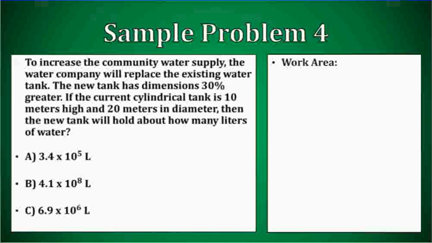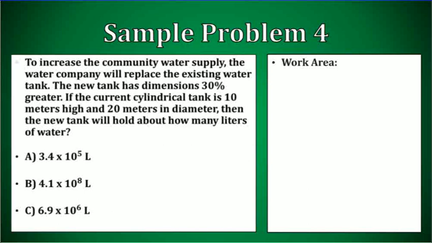Question 4. To increase the community water supply, the water company will replace the existing water tank. The new tank has dimensions 30% greater. If the current cylindrical tank is 10 meters high and 20 meters in diameter, then the new tank will hold about how many liters of water? So to solve this one, first let's find the volume of the current cylindrical tank.